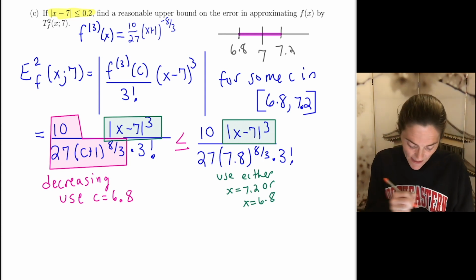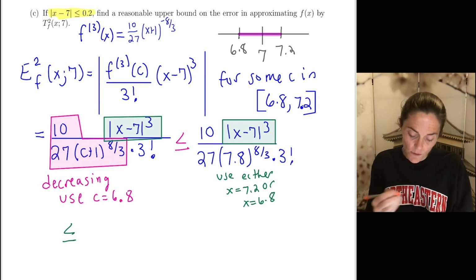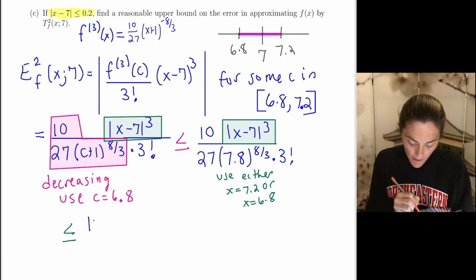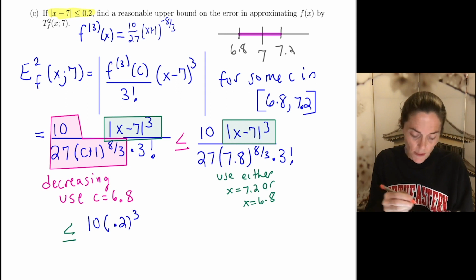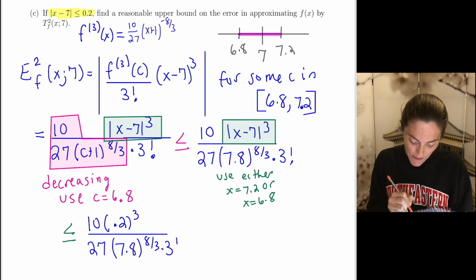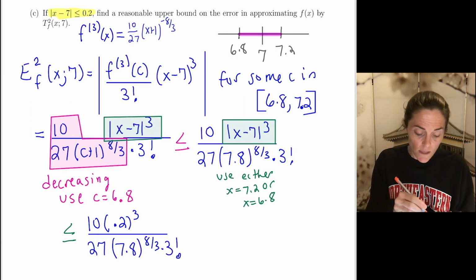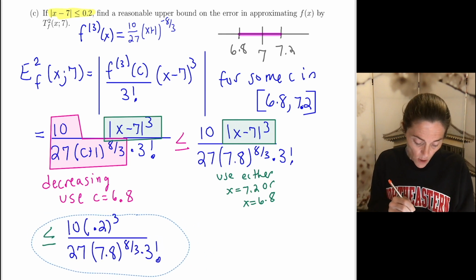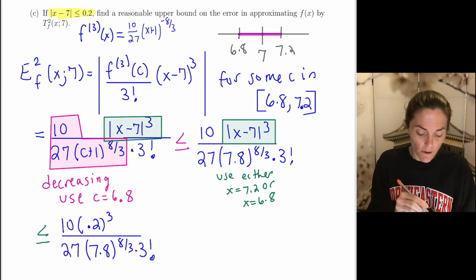And this comes our second less than or equal to. We will have 10, we will have 0.2 cubed, and then we have all of this in the denominator. We have 27, we have 7.8 to the 8 over 3, and then times 3 factorial. So this is our reasonable upper bound on error.